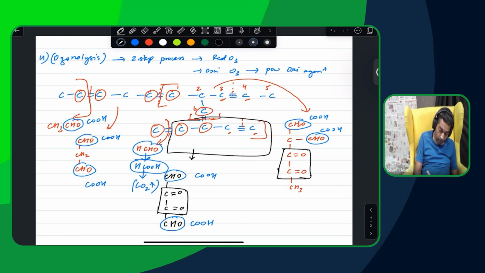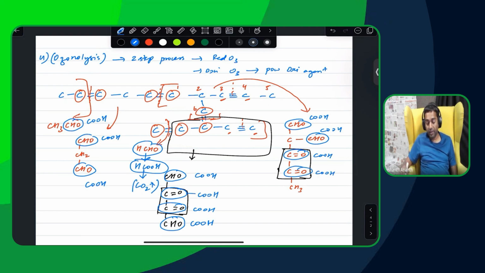So what happens here is this will also become a carboxylic acid. This will also become a carboxylic acid. Same way, this will also become a carboxylic acid. This will also become a carboxylic acid.